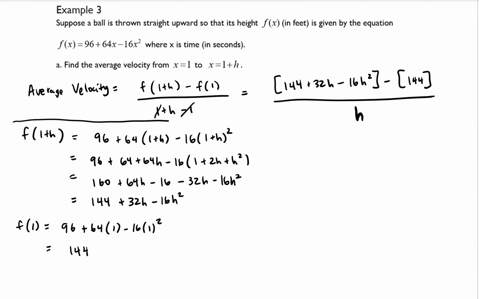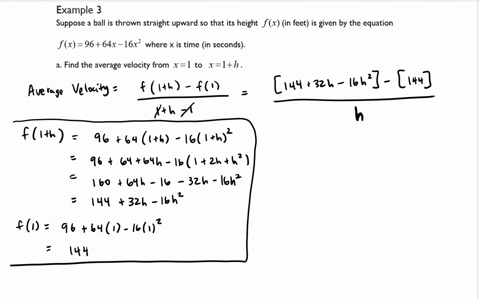Okay, so now if I simplify the numerator, this 144 minus this 144 will result in 32h minus 16h squared over h. And in the numerator, we can factor out an h.